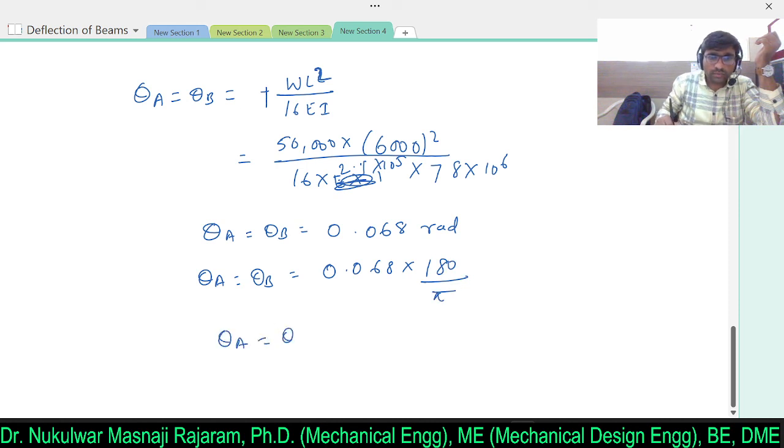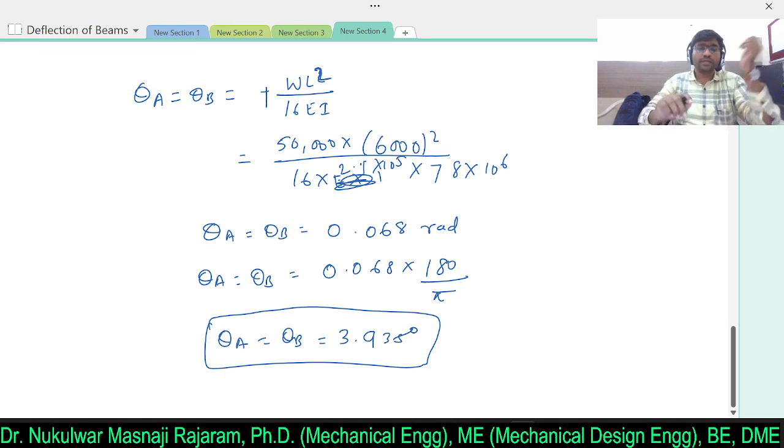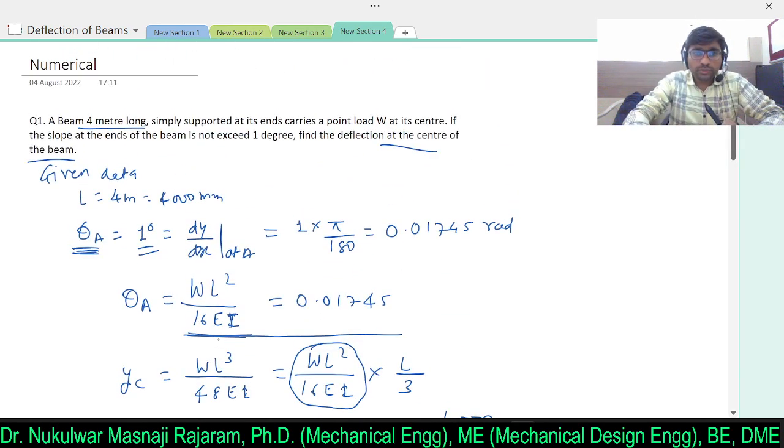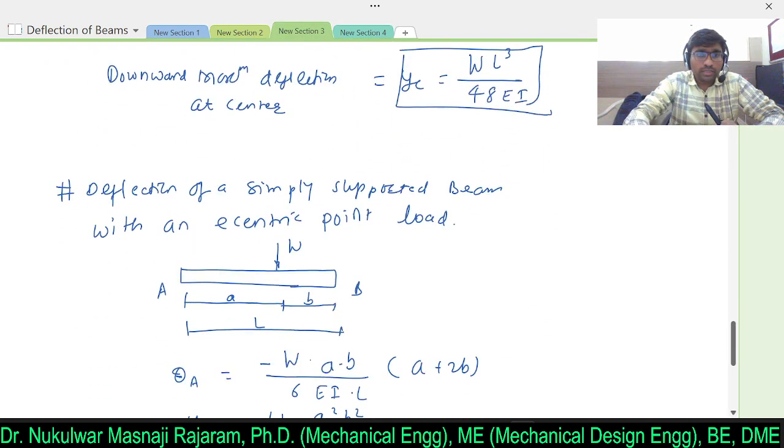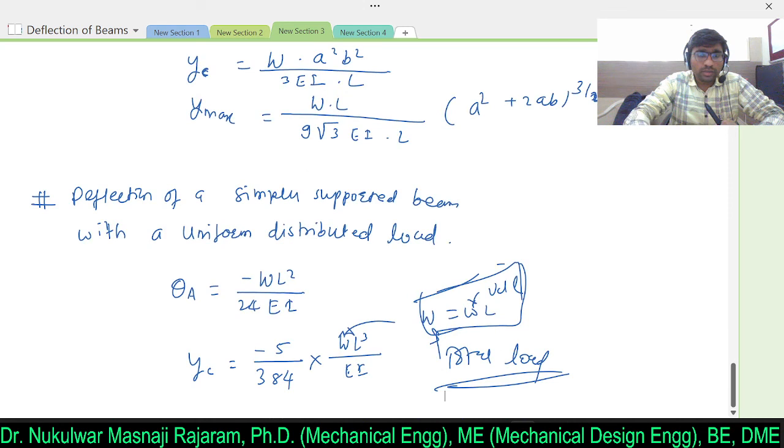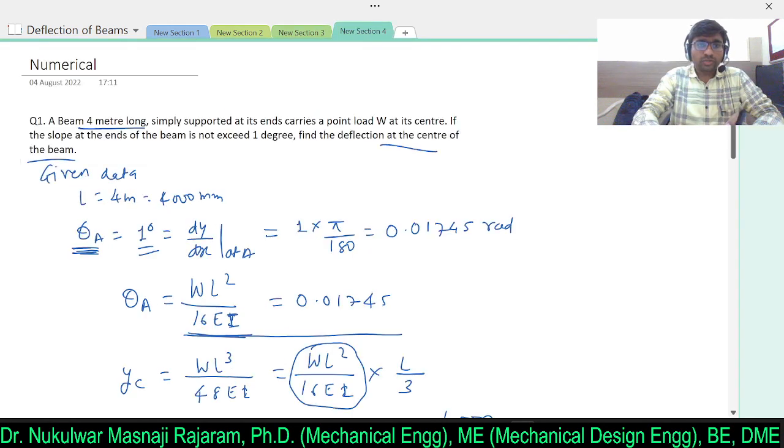So theta A, or theta B, will be equal to 3.935 degree. Clear? I hope you understood the concept of the simply supported beam carrying a point load, or having an eccentric load, or having a uniformly distributed load, and its numericals.